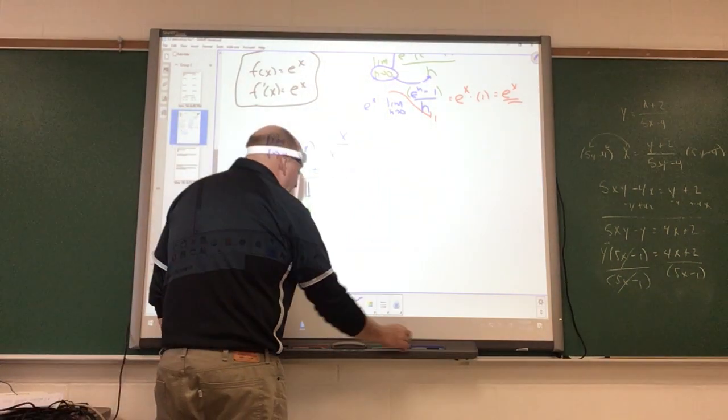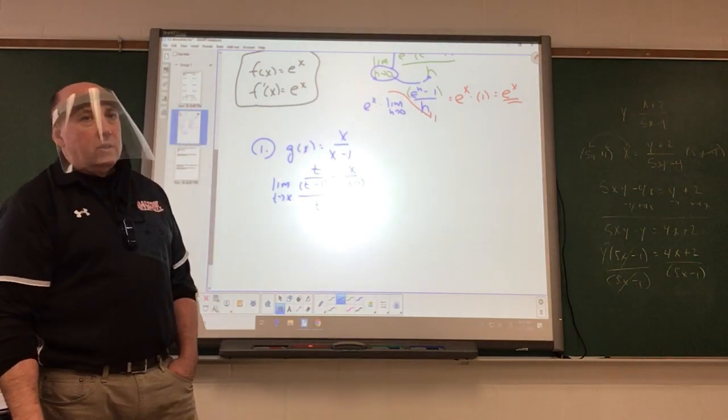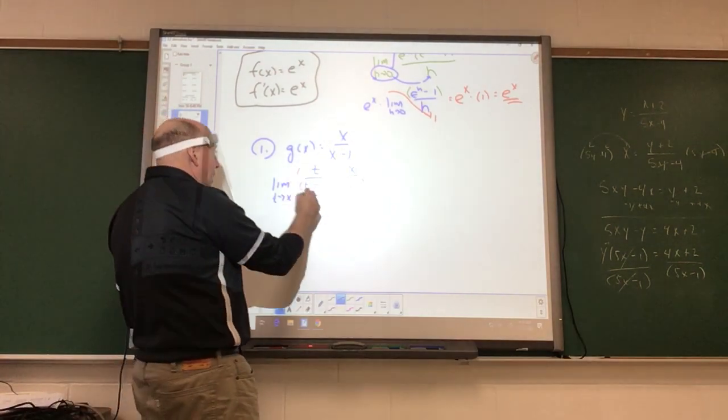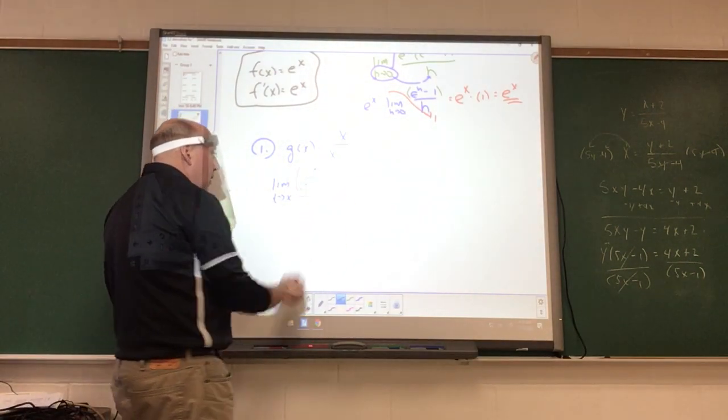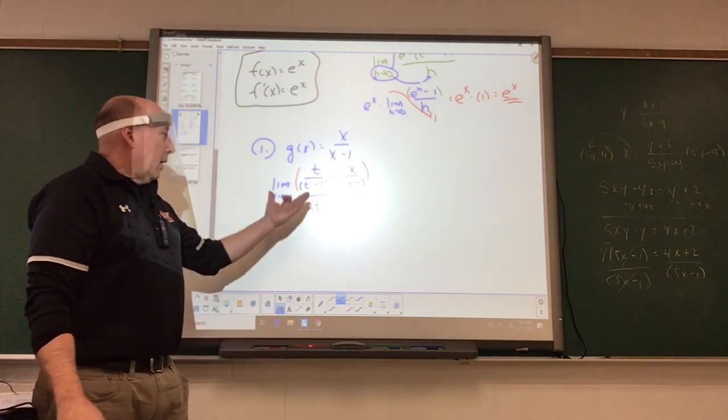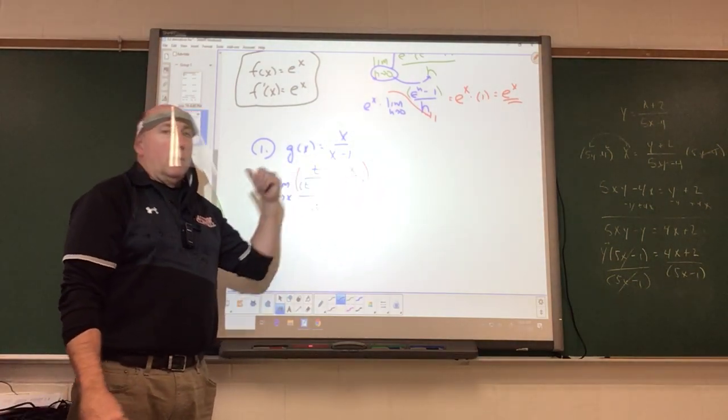We have a complex fraction, fractions within the fractions. So we need to multiply top and bottom by a value that will clear out both of our denominators.